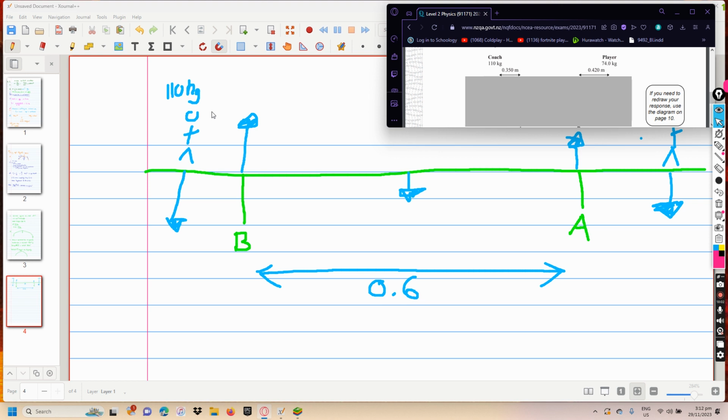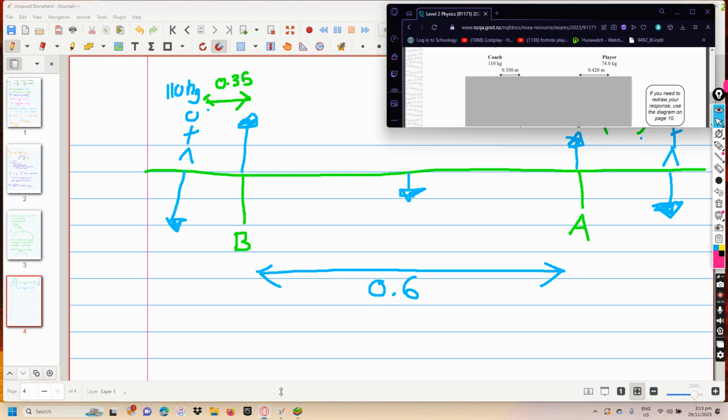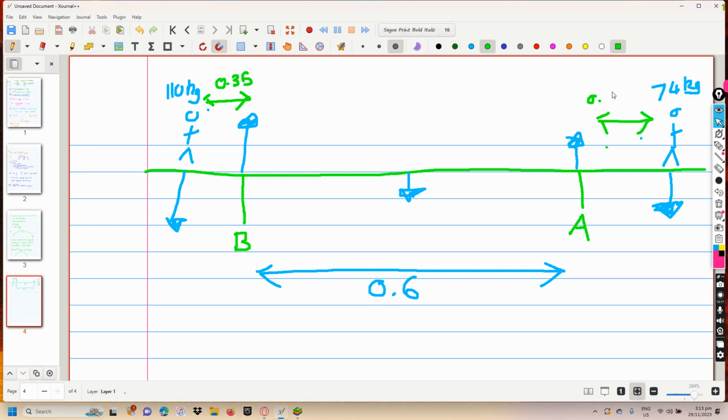This distance here is 0.35. This distance here is 0.42. And this distance here is 0.3. This distance here is also 0.3.